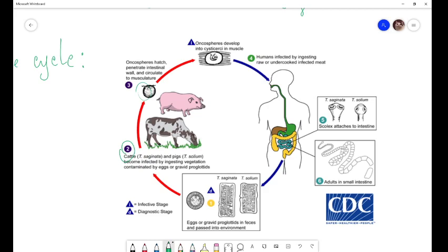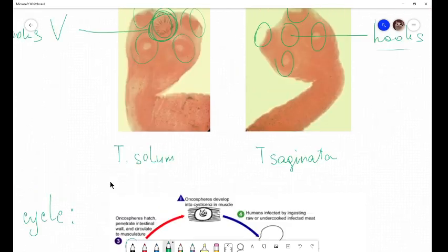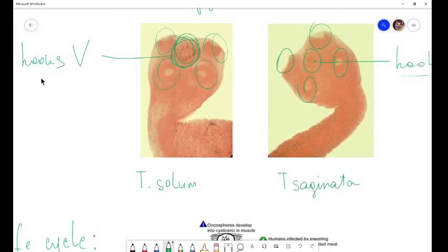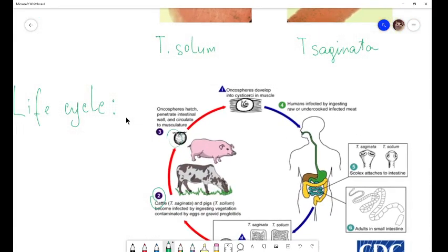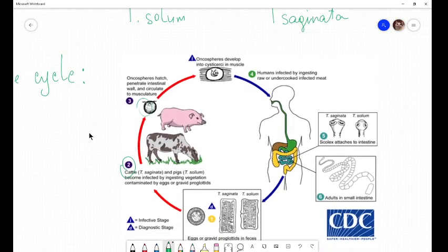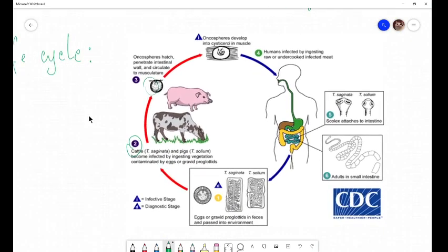The adult tapeworm attaches to the small intestine by their scolex, by their suckers, and by their hooks. As I said, I show again, Taenia solium, for example, uses hooks to attach to our intestine. This worm is more dangerous than his brother Taenia saginata. Okay, what's next?